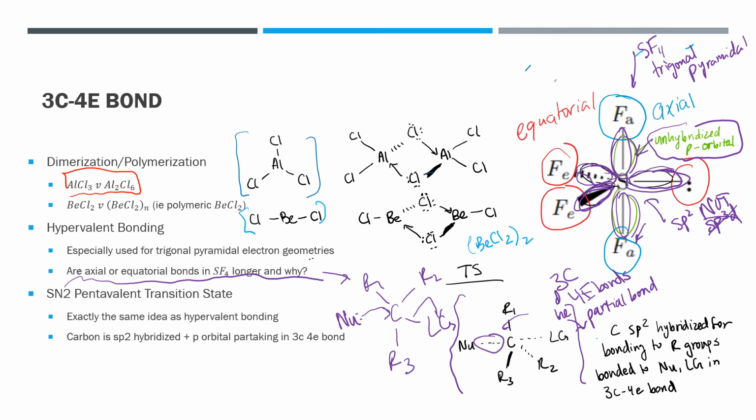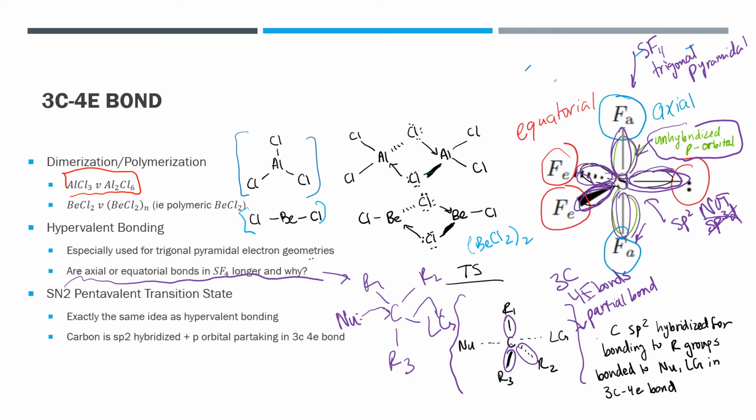So let's look at how the bonding occurs with this carbon, right? This is the exact same idea as what we just talked about. We have these 3 sp2 hybridized orbitals. And remember, with carbon, we cannot have sp3d hybridization, right?